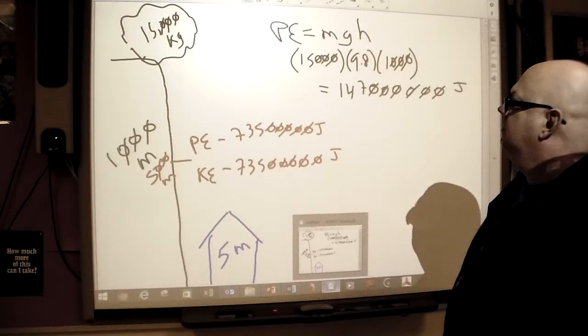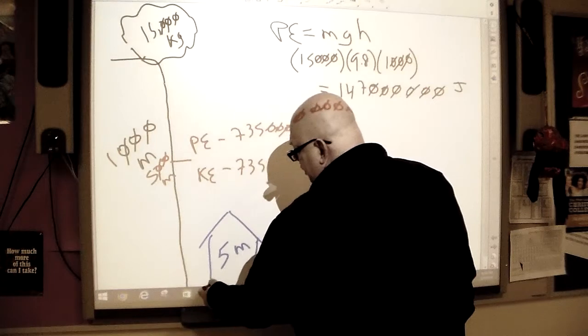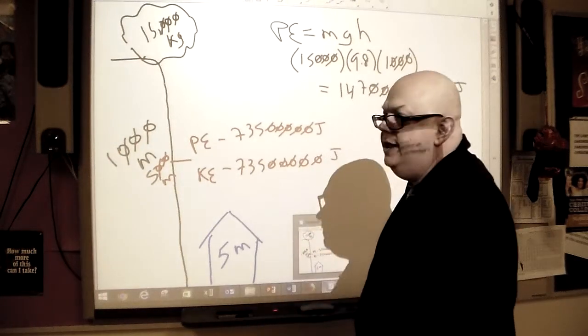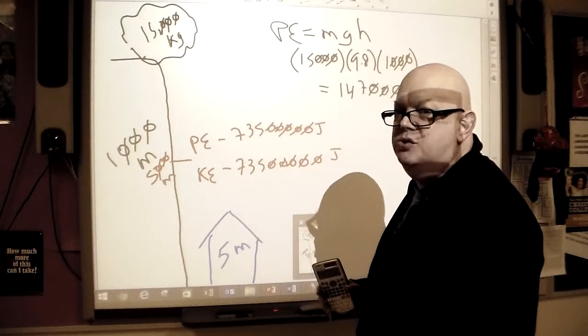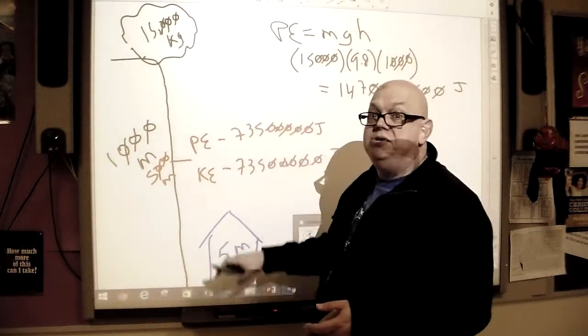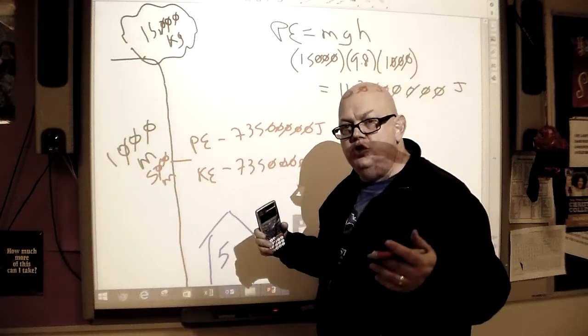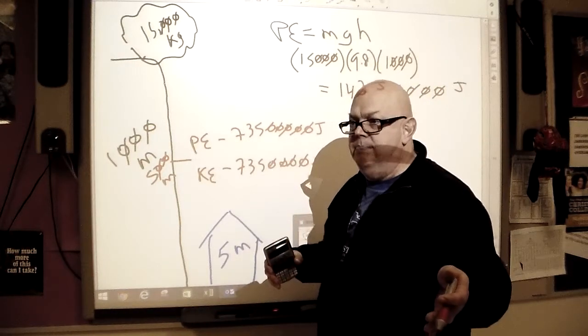Wow, that's quite a bit. Now, just before it reaches the ground, the potential energy is going to be near zero, because that energy of gravitational position is almost spent, and the kinetic energy would be at its maximum.